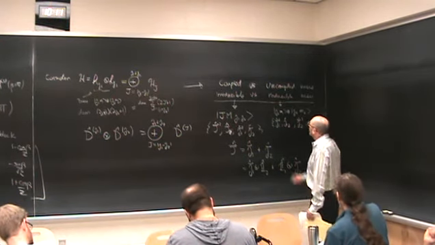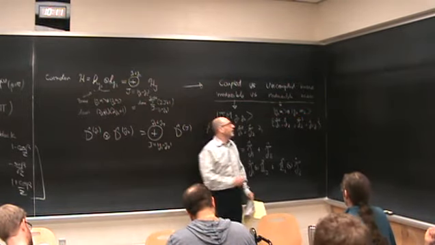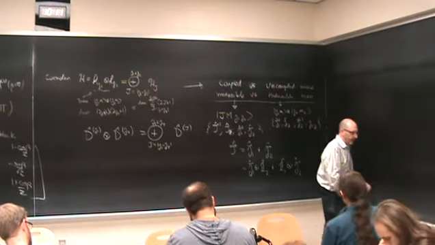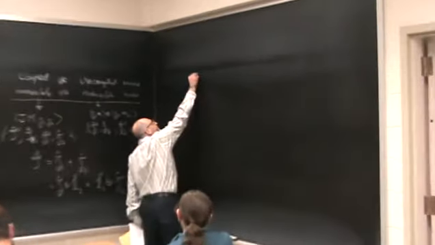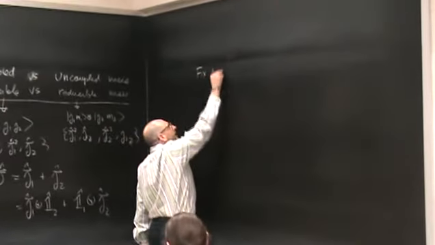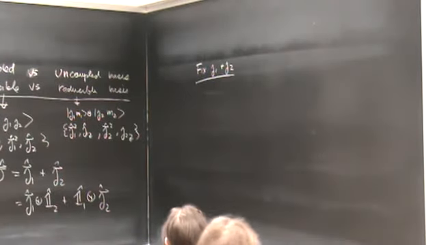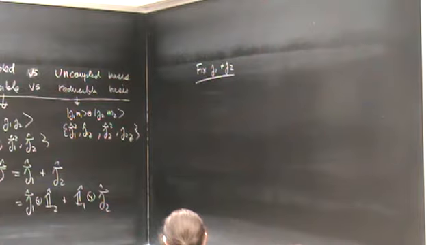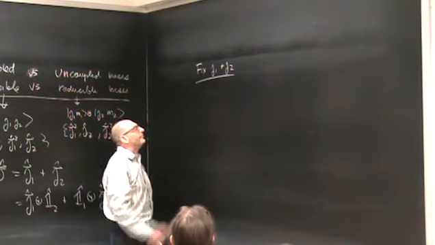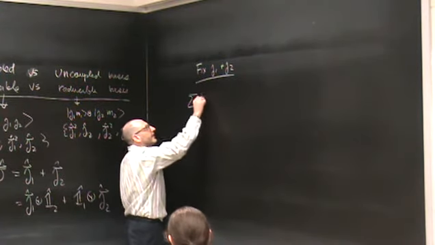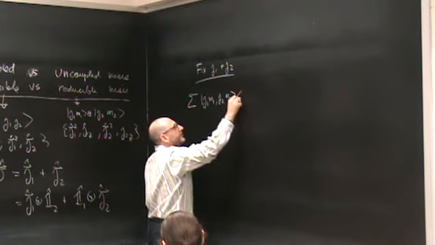Right, so these are both bases. So what we have is the following. Let us fix J1 and J2. So we're looking at a subspace of the total Hilbert space with a fixed value of J1 and J2. This is a complete basis.